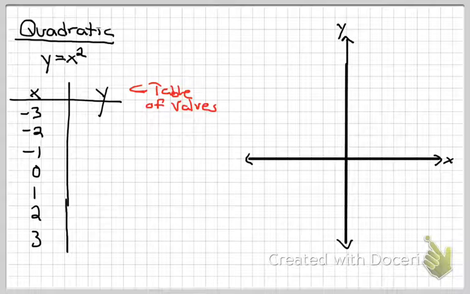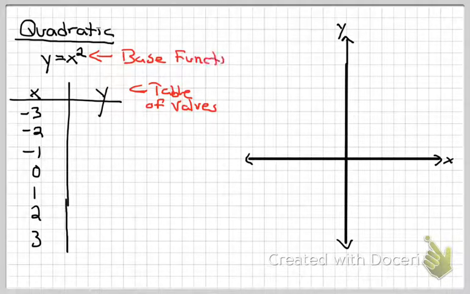So let's begin here. We have our quadratic function y equals x squared, which is our base function. Now we're going to complete our table of values. Remember, when doing a table of values, you just sub in for your x value and figure out what y will be equal to. If I sub in -3 here, I would have y equals (-3) squared, which is equal to 9.